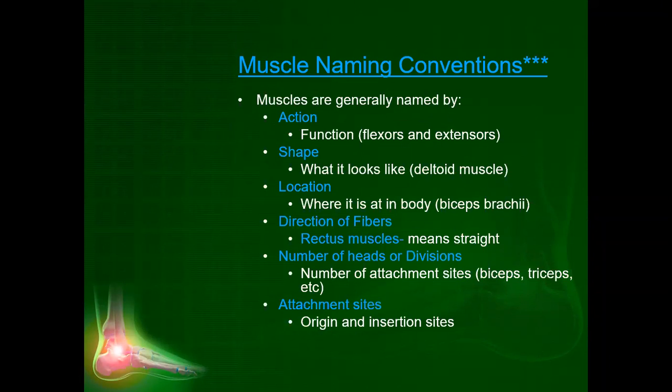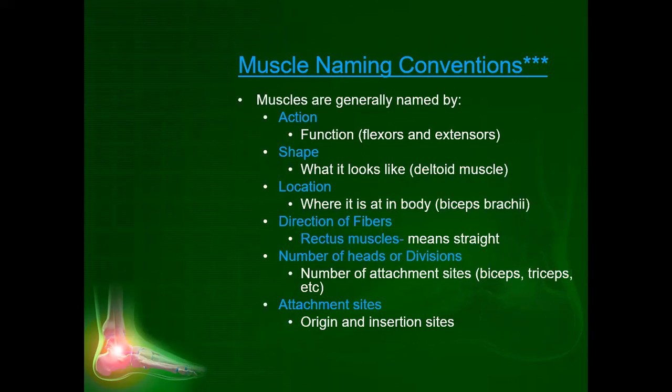So muscles seemingly have just bizarre Latin, no rhyme or reason kind of names, like gluteus maximus, latissimus dorsi, biceps brachii, biceps femoris, orbicularis oculi, orbicularis labii.